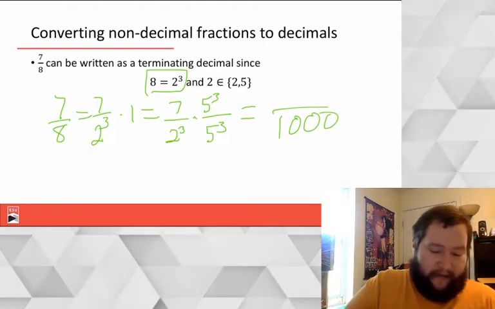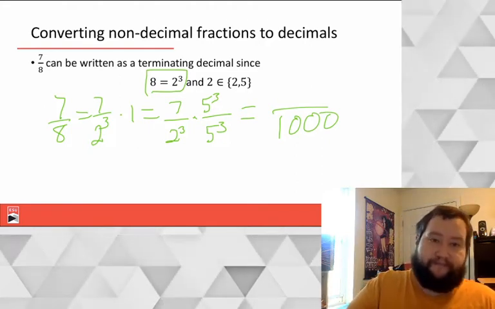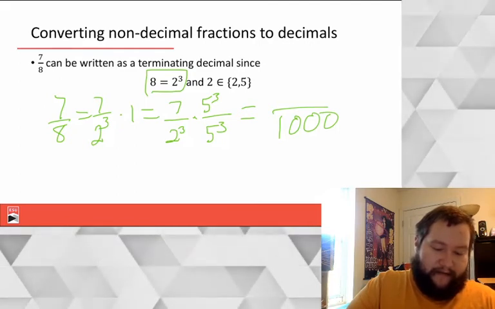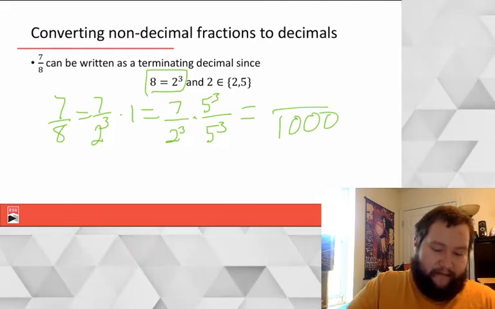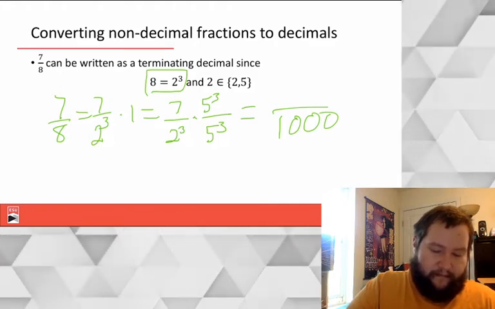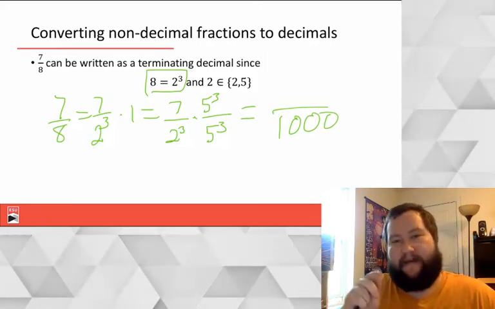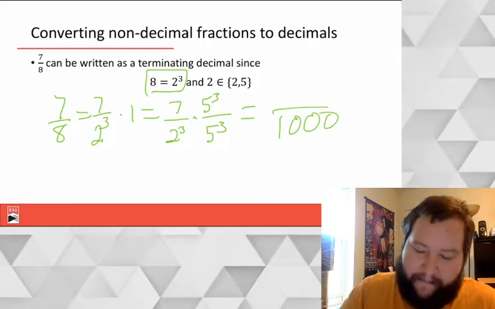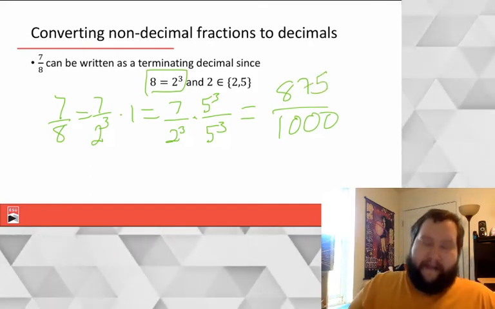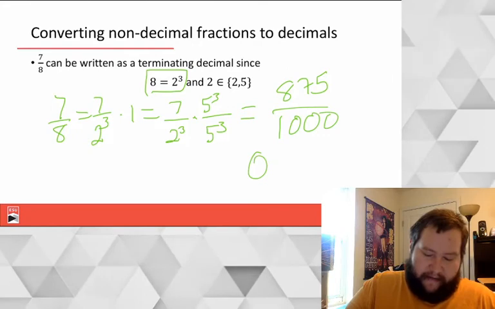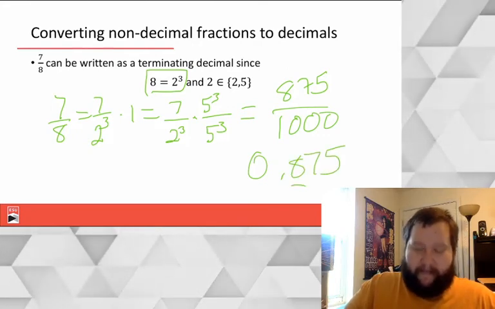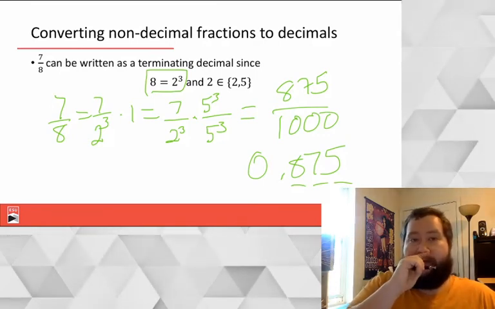I think it's like 825-ish. 7 times 5 times 5 times 5. 875. I was close. It was 875. And so that's thousandths, so we have 0.875. Tenths, hundredths, thousandths, 875 thousandths.